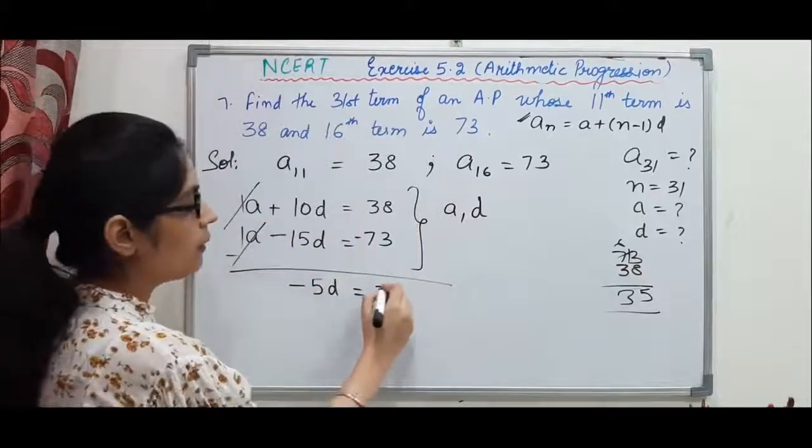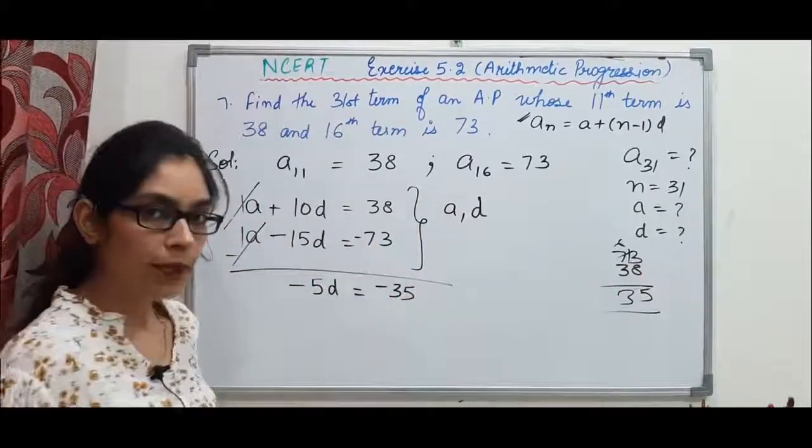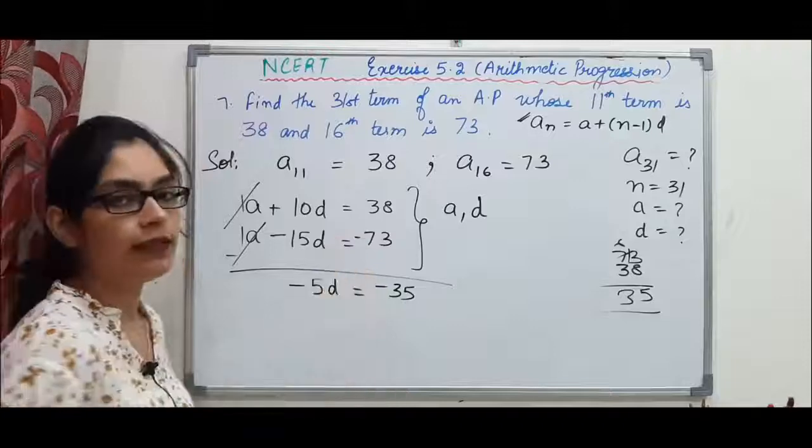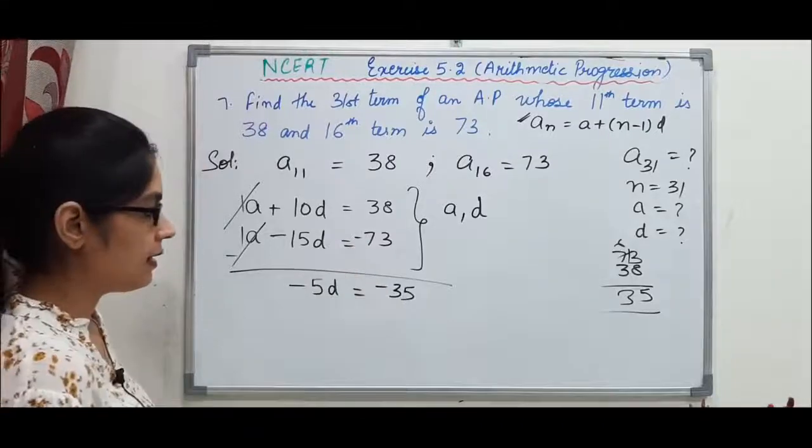So it is minus 35, because the sign of the greater number is minus.